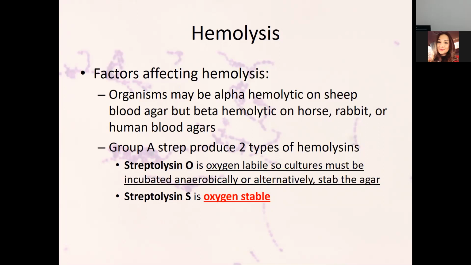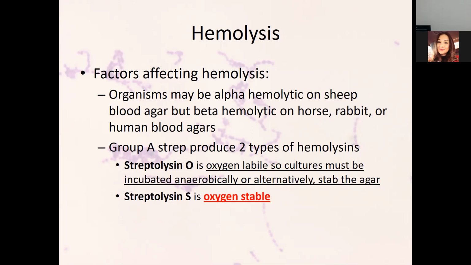Group A strep, which is beta hemolytic, produces 2 types of hemolysins, a strep O and a strep S. Okay? The great thing about strep S is that it is oxygen stable.